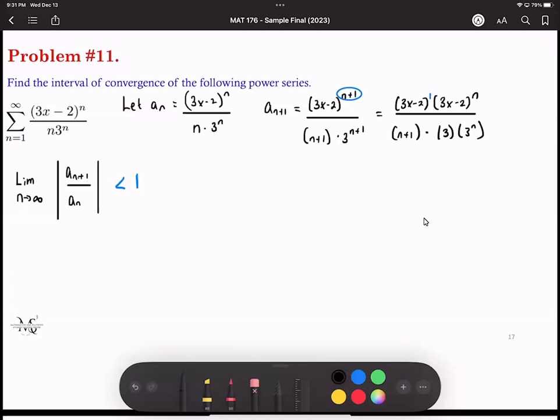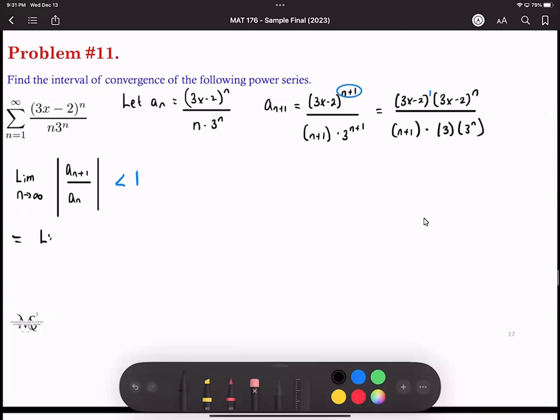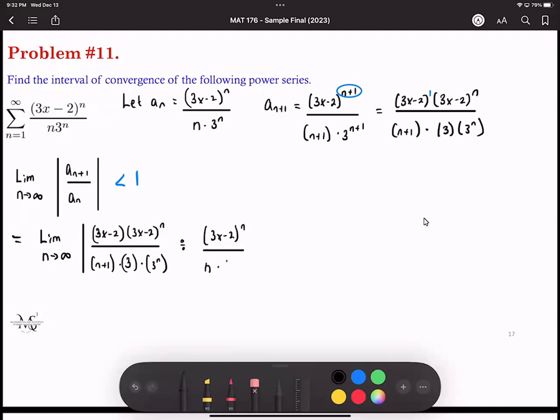Now, I know what my a_(n+1) is, and I know what my a_n is, so I'm going to make a substitution. We'll have the limit as n approaches infinity of a_(n+1), so that will be (3x - 2) times (3x - 2)^n divided by (n + 1) times 3 times 3^n, divided by a_n. So a_n was (3x - 2)^n over n times 3^n.